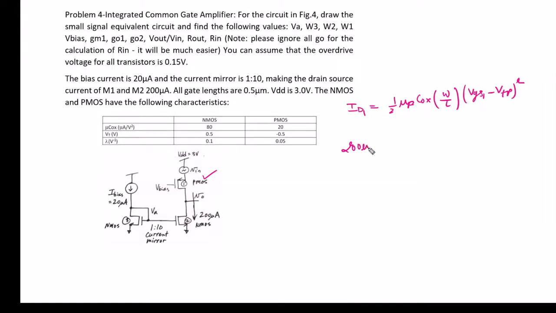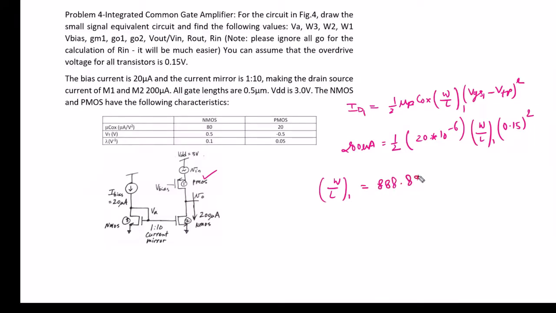ID1 is 200 microampere, 20 into 10 to the power minus 6, W by L of the first transistor, and this VGS1 minus VTP is VOB squared, and VOB for the first transistor is also 0.15. So W by L1 is 888.89.